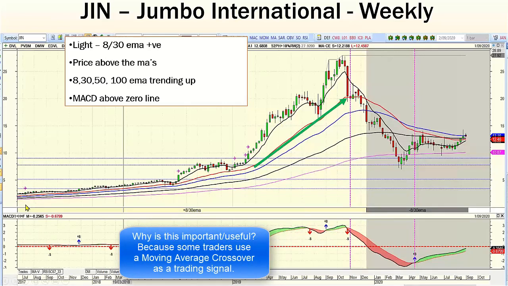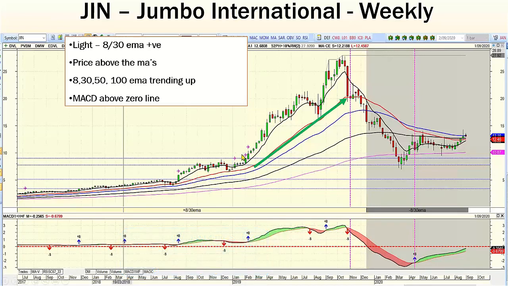Unfortunately, you can't see back to the left side of this chart, but it's been in a buy order from under $5 all the way up, right up here to about $25. Even when it had a dip back here in August 2019, it was still above the 8/30 EMA, and whilst it got very close to the 30 EMA, it didn't cross, and it continued onwards and upwards to its final destination.